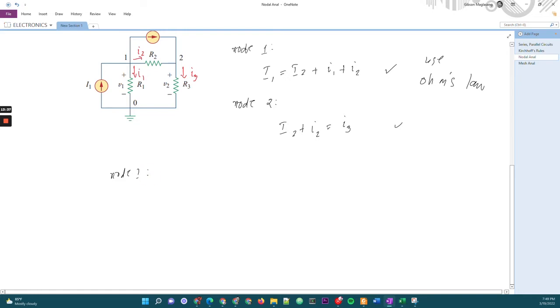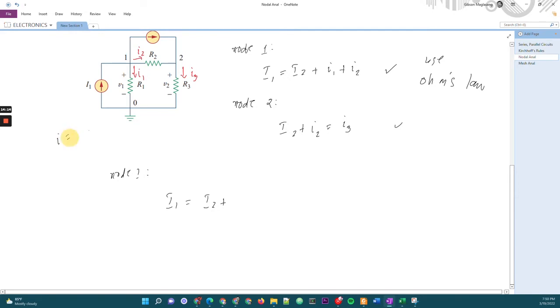You express the small i's in terms of voltages. So we have I1, retained, then we have I2 plus. For the small i's, we use Ohm's law. So I is just equal to V over R. That would mean you start from the higher potential to the lower potential over R. So the formula is this.